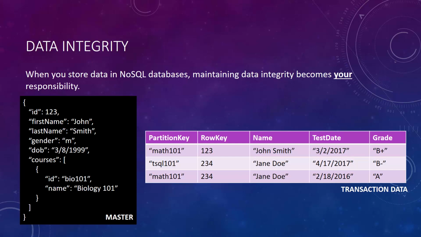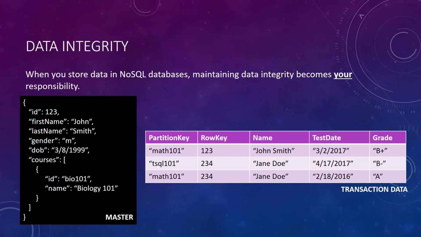And then on the right, let's say I have this wide column database. It looks like an Azure table, in this case, Azure storage table. And so we have the test information, test data. So we see the student, and then we know that the student took a certain test and scored a certain grade. And if you notice that we have the name John Smith or Jane Doe with each entry.